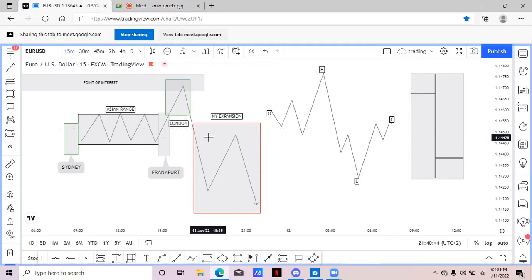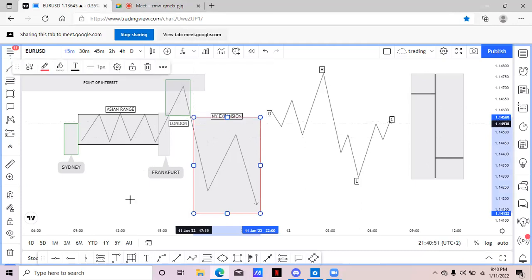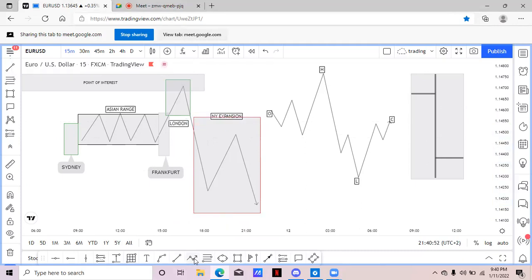But sometimes it happens that London, after the Sydney session, just manipulates the highs and the lows, but that doesn't really get to our point of interest.